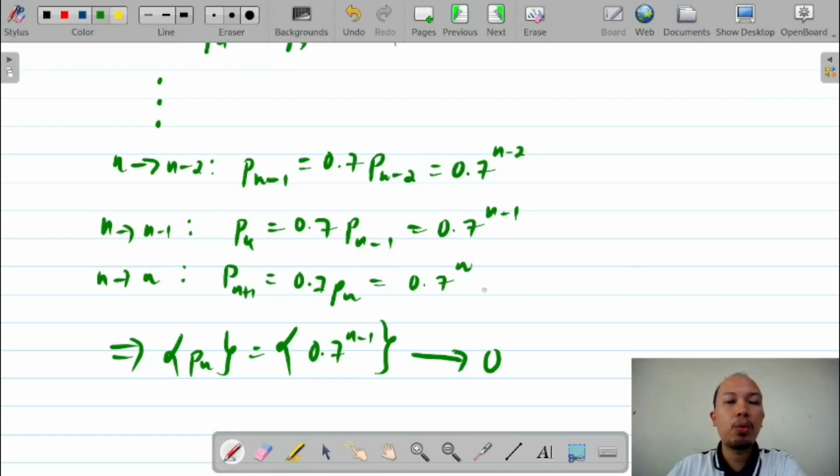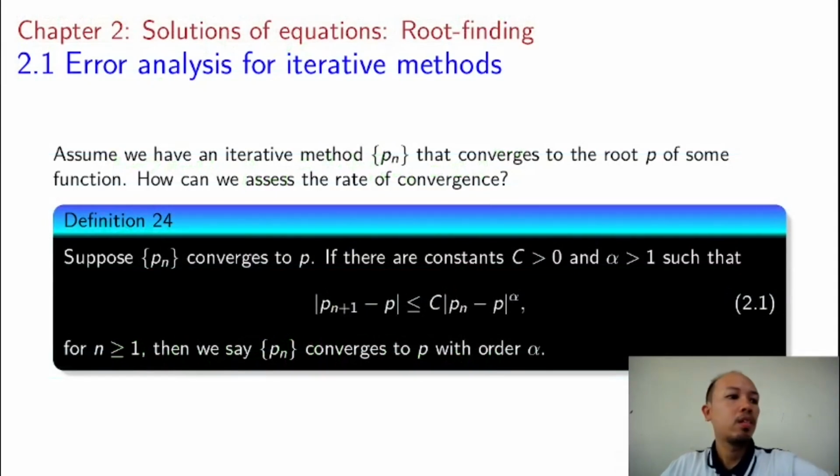Okay, let's try to apply our definition.